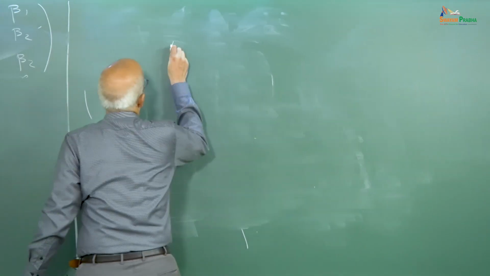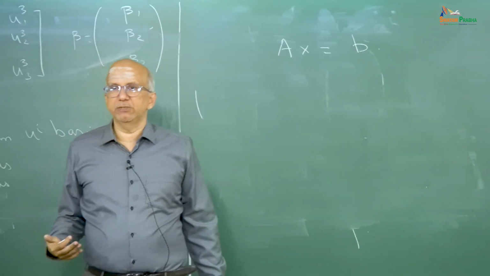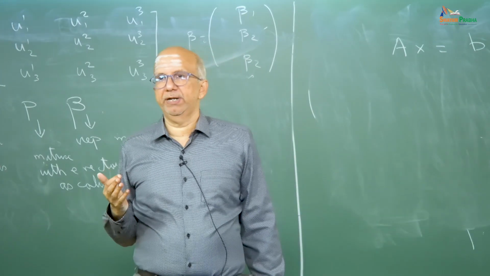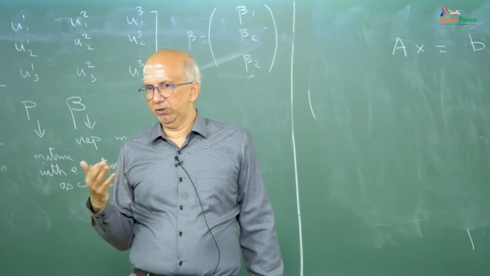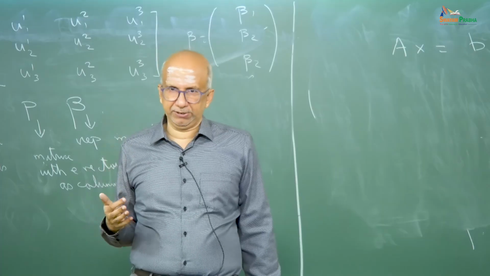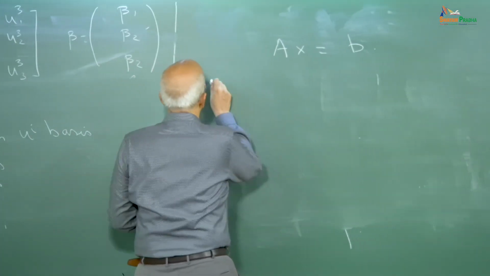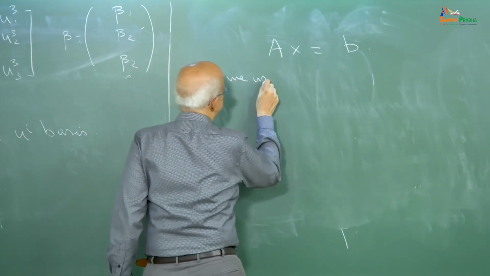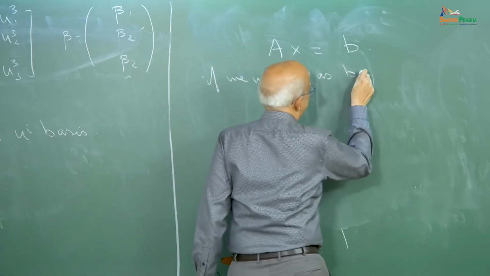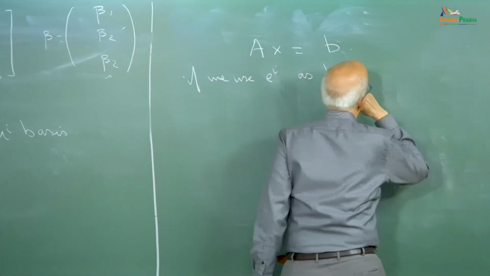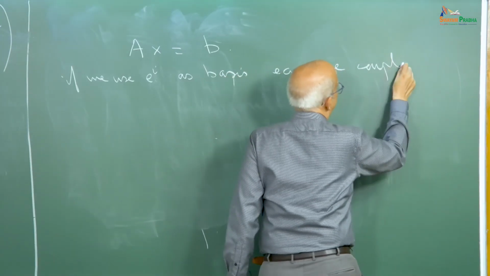So, when I solve Ax equals b, what you have done so far is always solved it in the basis of EI. You have always solved it in the basis of EI, and then you are stuck with a system of coupled equations. So, basically if we use EI as the basis, the equations are coupled.